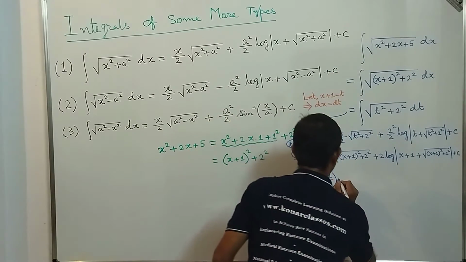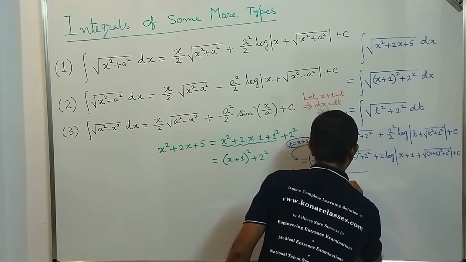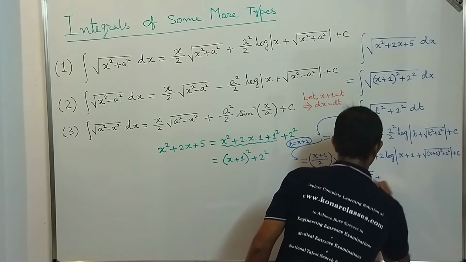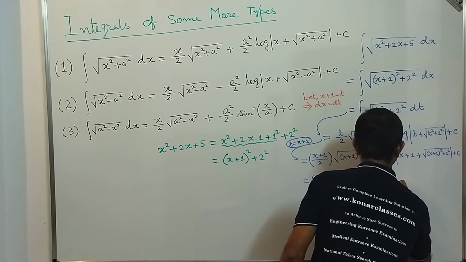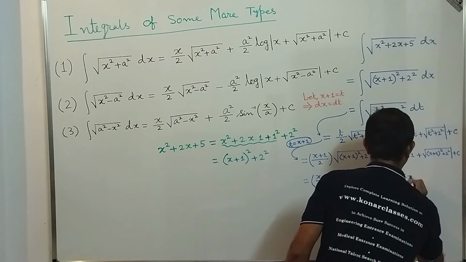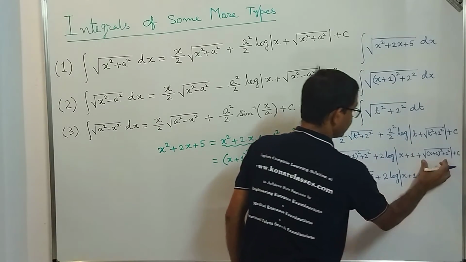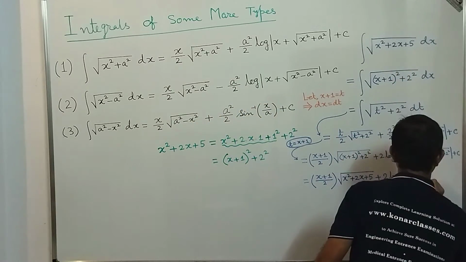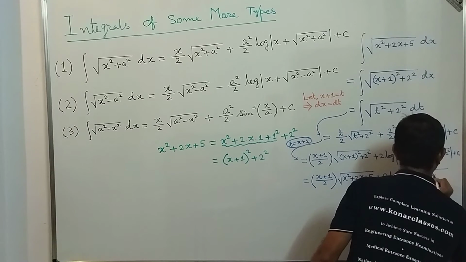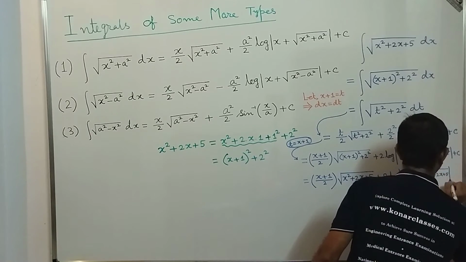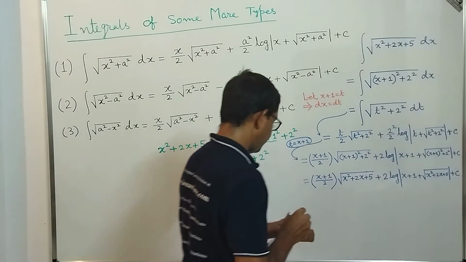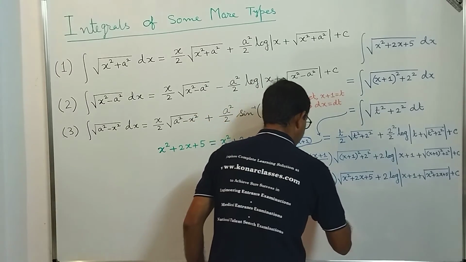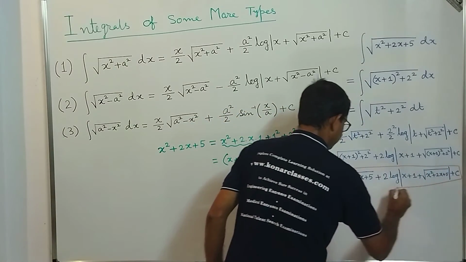So we can write this directly as x plus 1 by 2 into square root of x square plus 2x plus 5, plus 2 into log mod x plus 1 plus square root of x plus 1 whole square plus 2 square, which is again square root of x square plus 2x plus 5, plus the integrating constant c, and this is the desired result. So we get the value of the given integration.